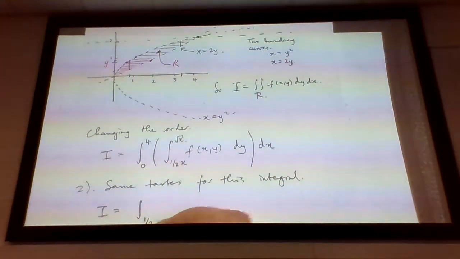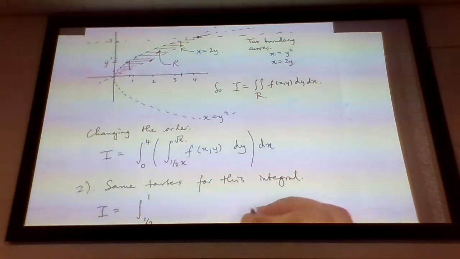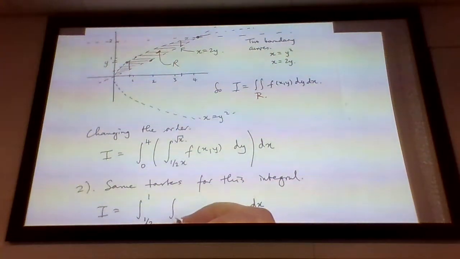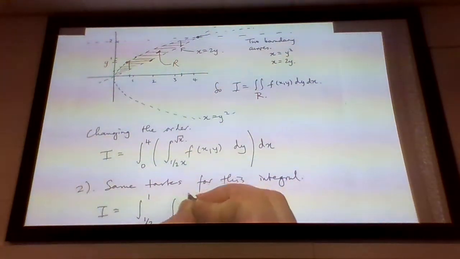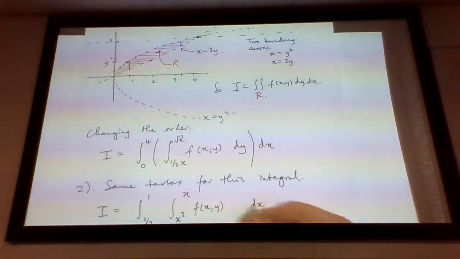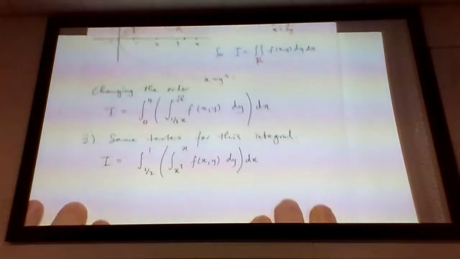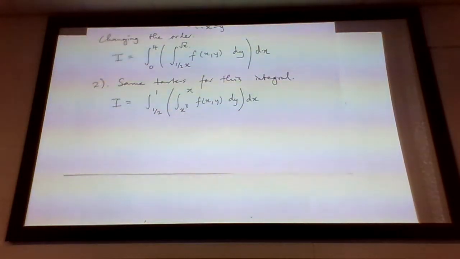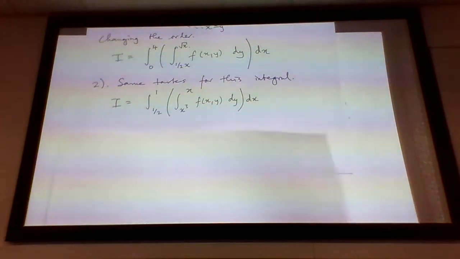So we're integrating from a half to 1, but this time with respect to x, and then integrating from y equals x cubed to x, some function f, dy. So we want to do two things.